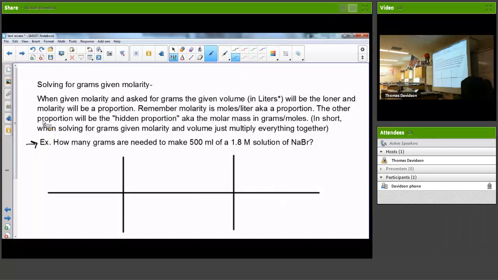It only looks like 2 numbers, right? So you're like, ooh, hey, I know this is just 0.5 times 1.8. I'm wrong. You're wrong. Remember, a formula in your mind has to trigger the fact that it is a number. Okay? So molarity, solving for grams, given molarity, can seem hard. And it sort of is complicated. But in the long run, you're multiplying every number I give you in the sentence. Are you ready?